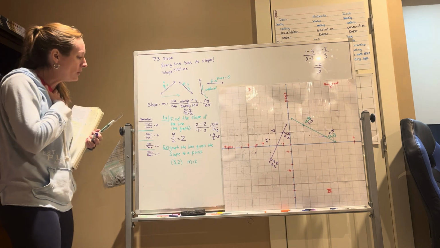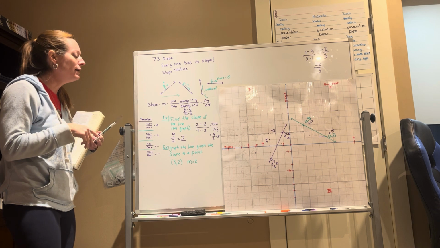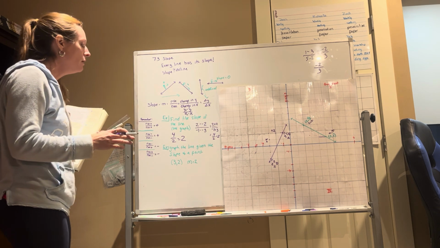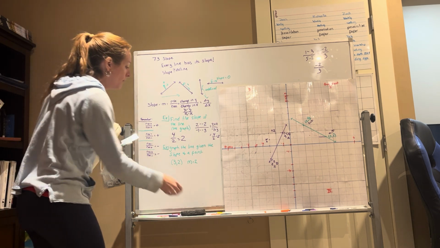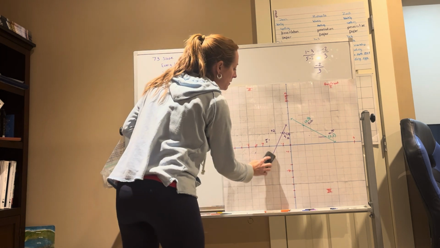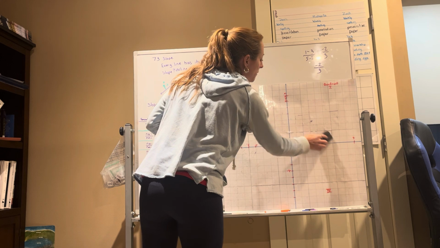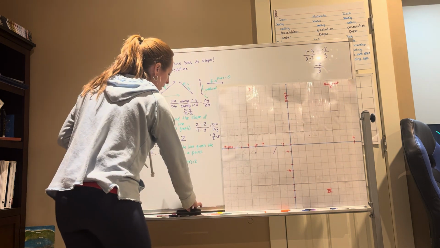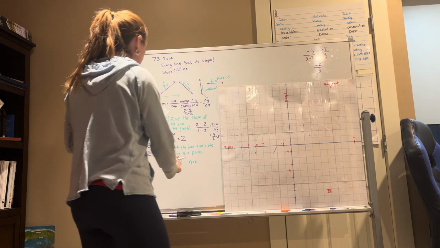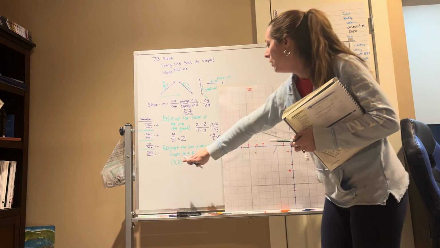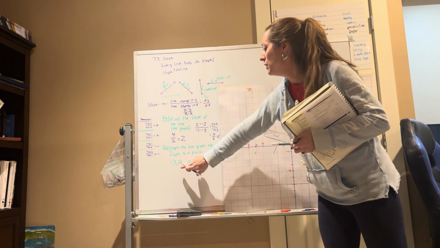The last example to look at is we can graph a line given the slope and a point. So if I have this point graphed, this is my x value and my y value.